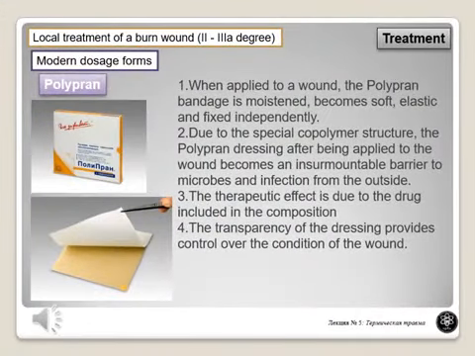Another remarkable product made by the same company that makes the wax is the so-called Polipran. People sometimes call this thing artificial leather. It is a polymer film that is applied to the wound and provides selective permeability. The liquid in this case penetrates only from the outside.